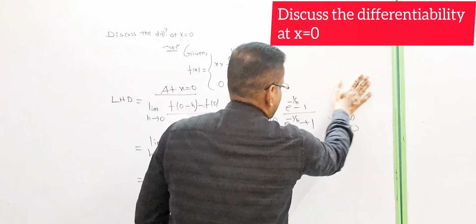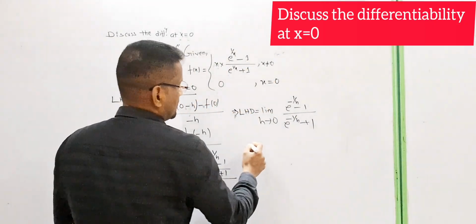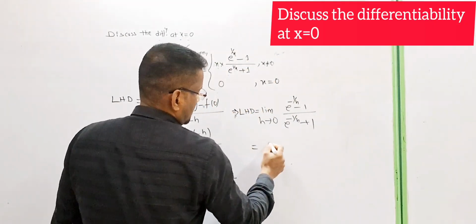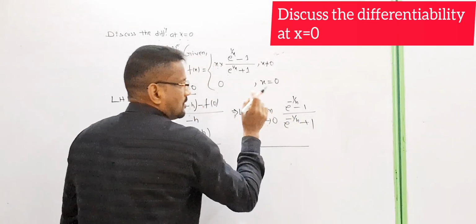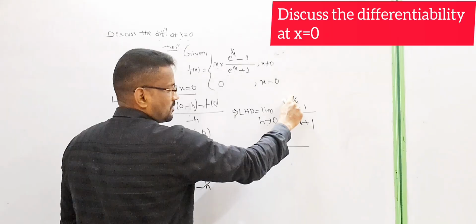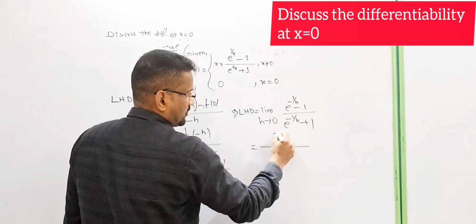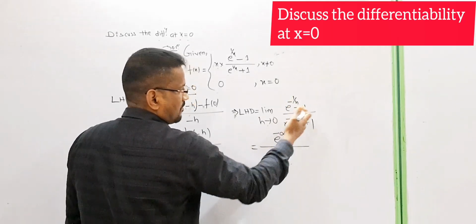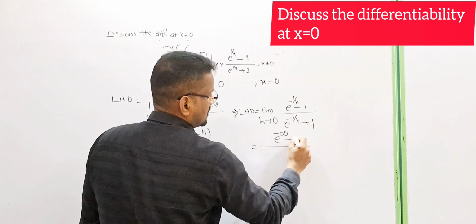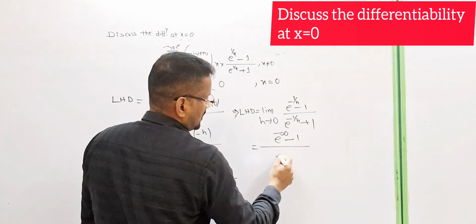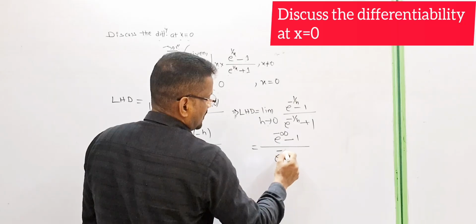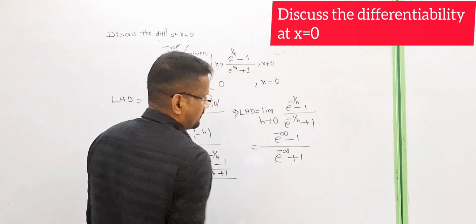Now take the limit. Here if I take the limit, I will put the value 0 for h. So 1 by 0 is infinity. So you will get e to the power negative infinity minus 1, and e to the power negative infinity plus 1.